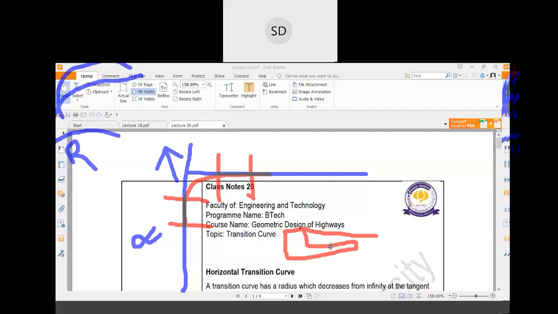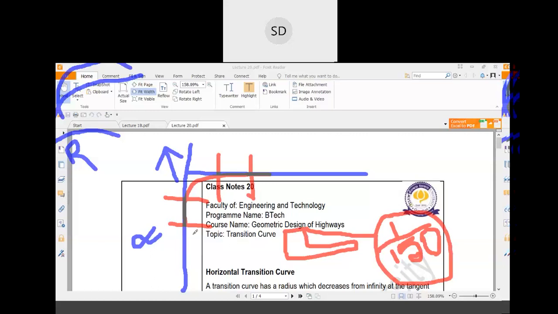Generally for plain and rolling terrain, that n is limited up to 150, 1 by 150. So based on this criteria, you have to gradually introduce the super elevation over that place. So this is the second criteria.